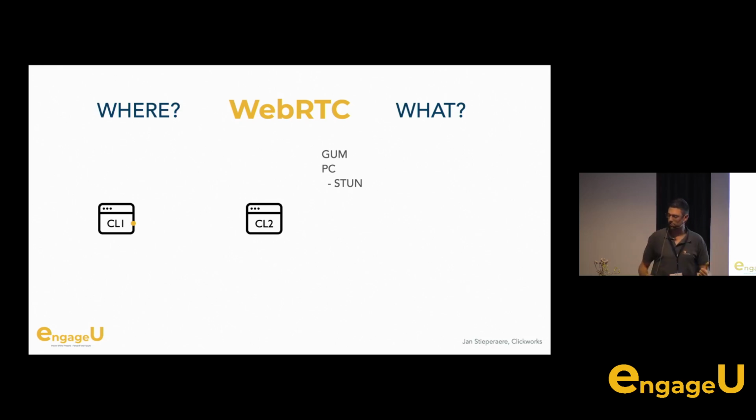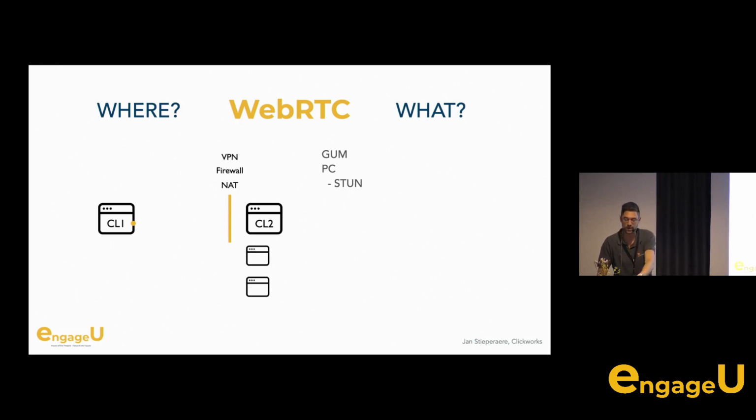So there are a couple problems. There's network address translation. They can be behind a firewall or on a VPN. So there's no way to directly pinpoint that web browser. But this is where the STUN server comes in. What is the goal of a STUN server? Okay, you can be behind a router.